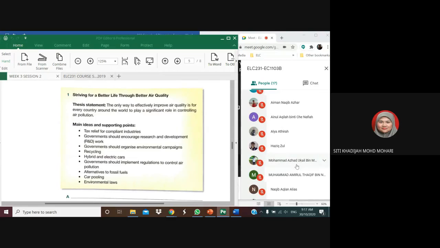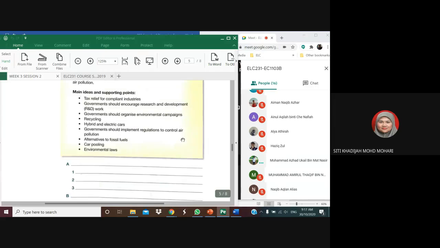Okay, the first one, can we ask Azhad? How do we pronounce your name? Azhad, yeah. Okay, Azhad, for the first one, what is your answer? Give us the first topic sentence and the supporting details as well. Government should organize environmental campaigns.